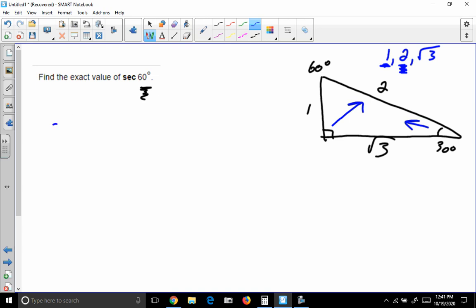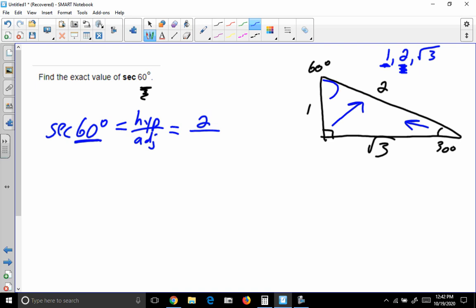So secant is the reciprocal of cosine. So secant is hypotenuse over adjacent. Hypotenuse is 2. The side adjacent, well, adjacent to what? Adjacent to 60 degrees.